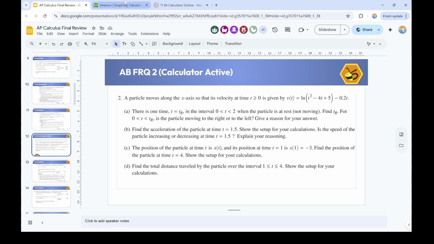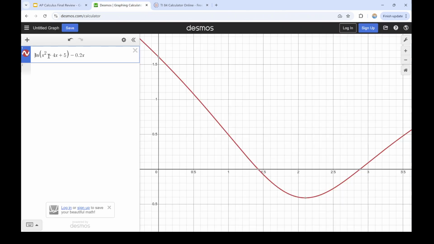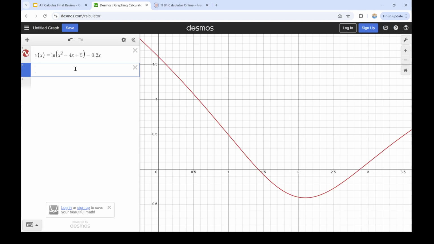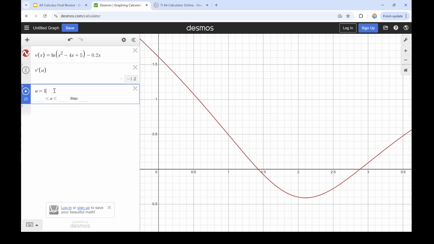Just in case you don't know how to find the derivative, I can set this to, let's say, d/dx of something. Then 1.5. Some examples here. You can put the values in. Or if you want, you can add a slide and change the value too.